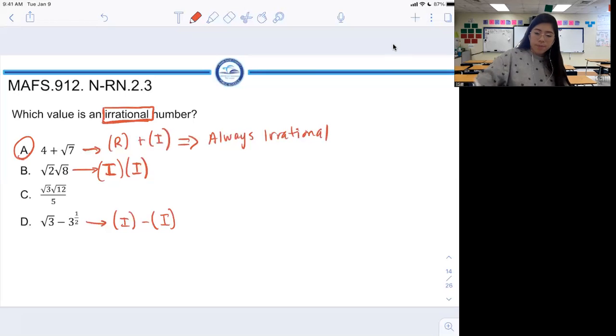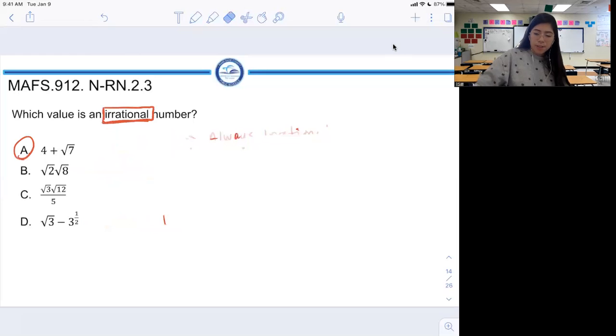And let me also prove it to you, because let's look at all the other answer choices. The square root of 2 times the square root of 8 is the same thing as the square root of 2 times 8. What's 2 times 8? 16. What's the square root of 16? 4.